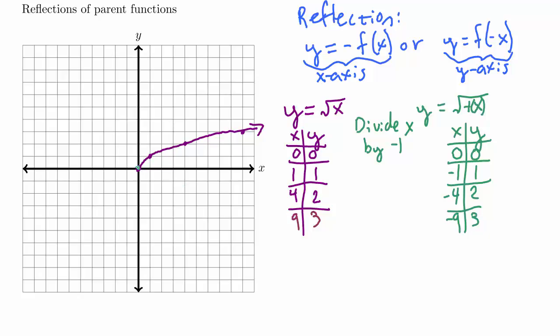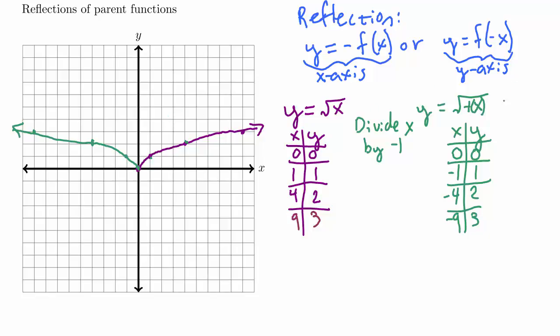It was 0, 0, negative 1, 1, negative 4, 2, and negative 9, 3. Notice that this time it's actually going the other way, and anything from the right went to the left, or if there was anything on the left, it would have gone to the right, and so on and so forth.